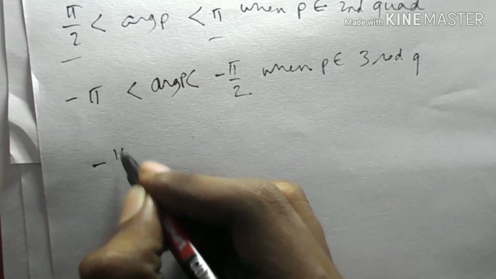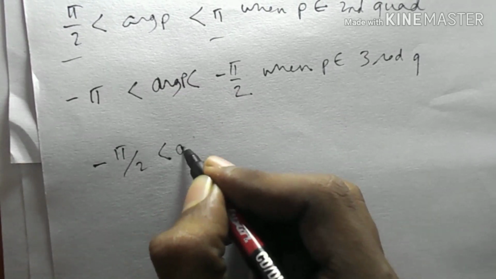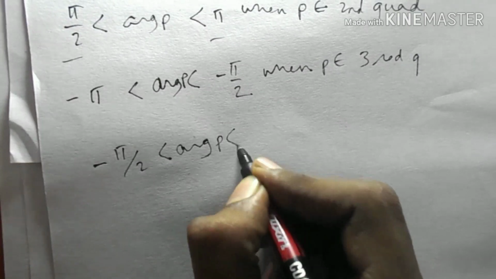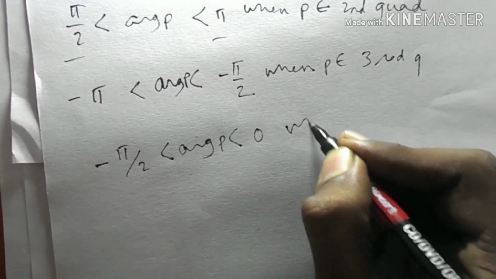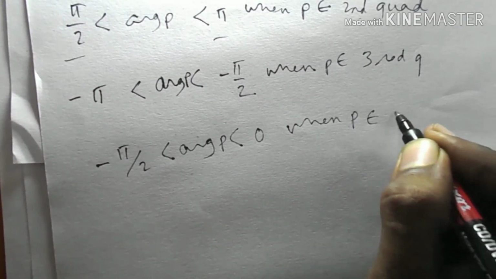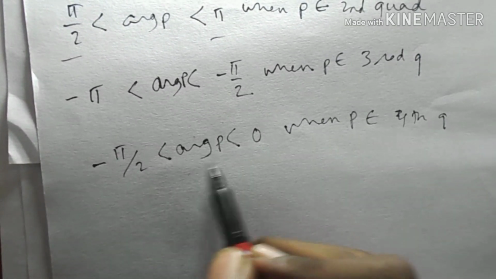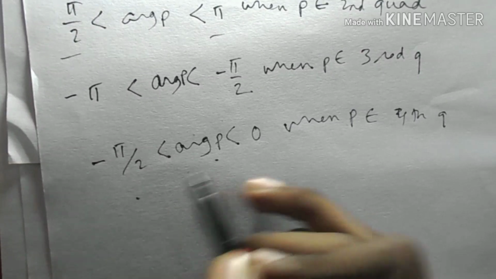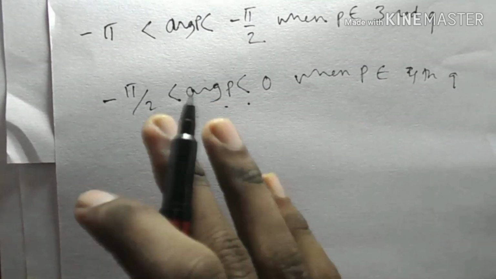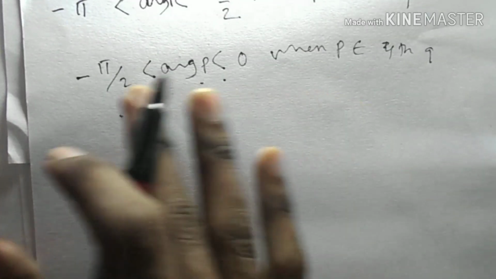When p lies in the fourth quadrant, the value of the argument would be between negative pi by 2 to 0, right? So this is what you need to know, right?